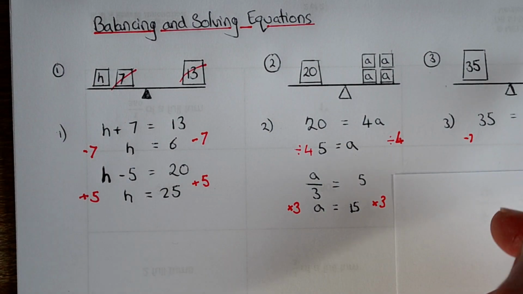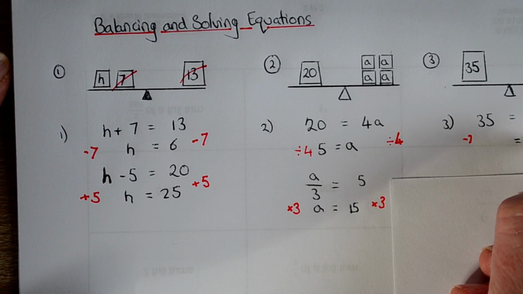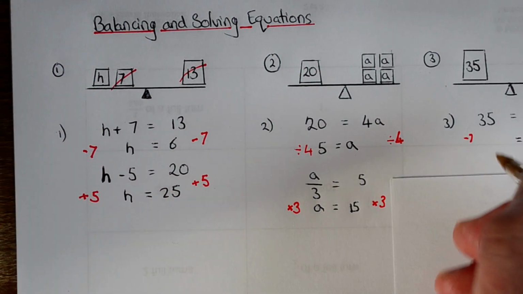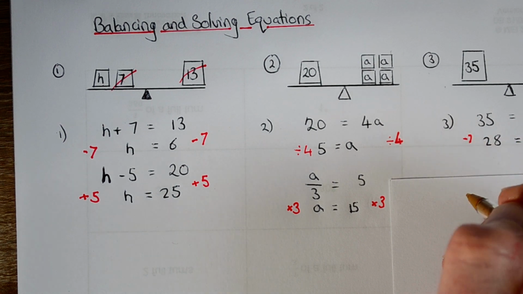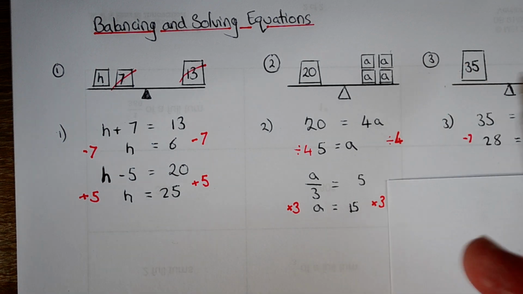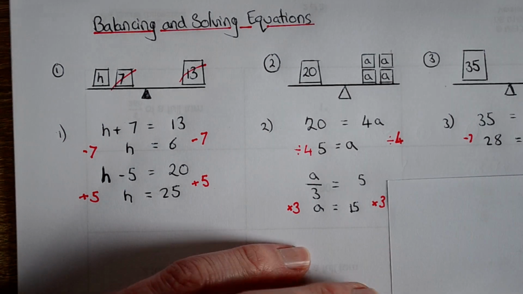If we take off that 7, we've just got the 2 m's left. Notice again, opposite sign, opposite operation. 35 take 7 we can do. So now we've got 2 m's is balanced by what's left, which is 28. So we want to know what 1 m is.